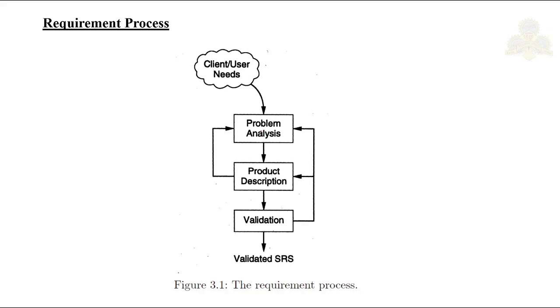There could be some redundancies, that means there could be some duplicates. So what you have to do is properly organize and describe those requirements. That organizing and describing of the requirements is done in product description.